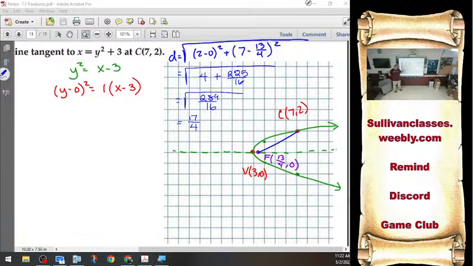Why would I care that it's 17/4? How is that somehow helpful? This is 13/4. They have the same denominator. It's going to end up working out nicely. They arranged it in such a way that it's going to work out nicely. If I move back 17/4 from 13/4, where am I at?